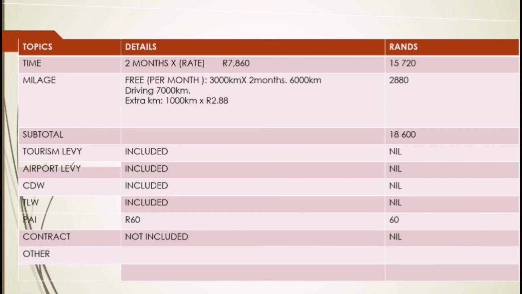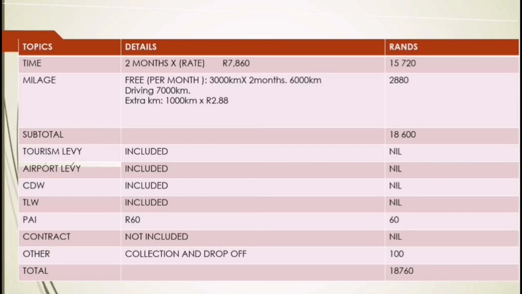Then you have other charges that may include collection and drop off charges, additional drivers, and so on and so forth. Or if you're getting any extra accessories on the cars, you will write them under other charges.